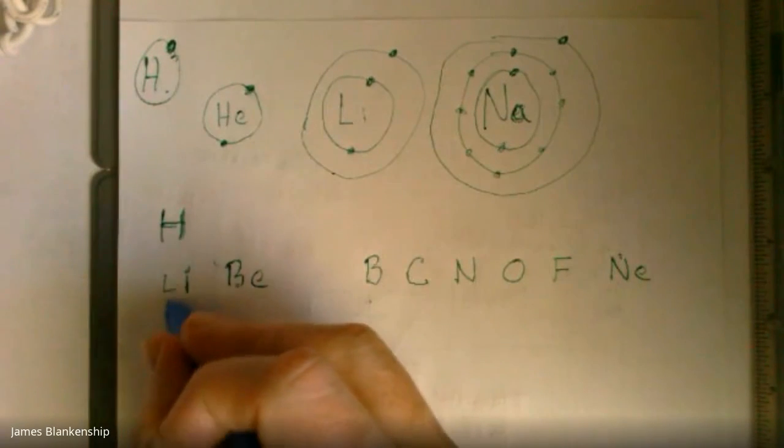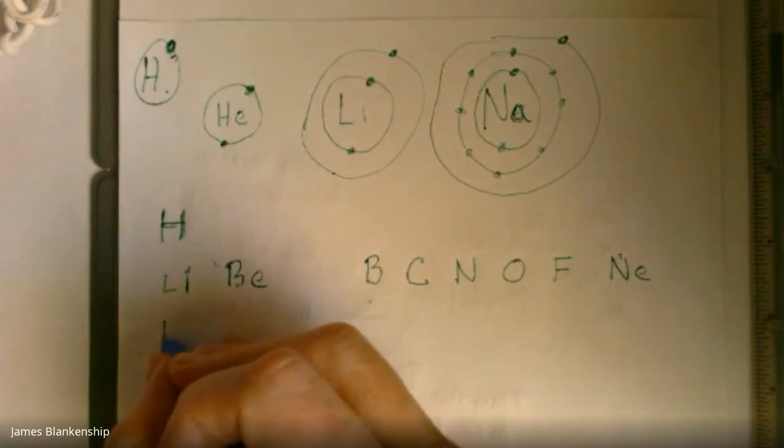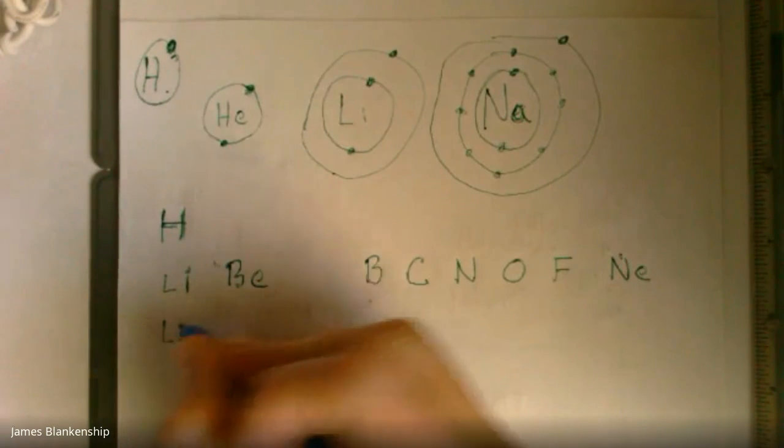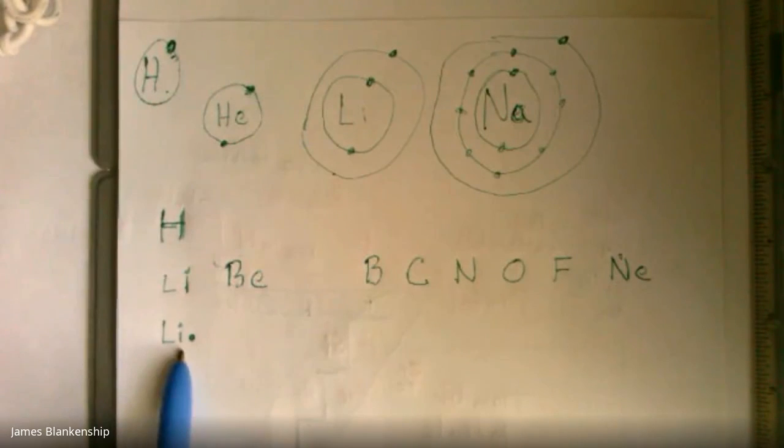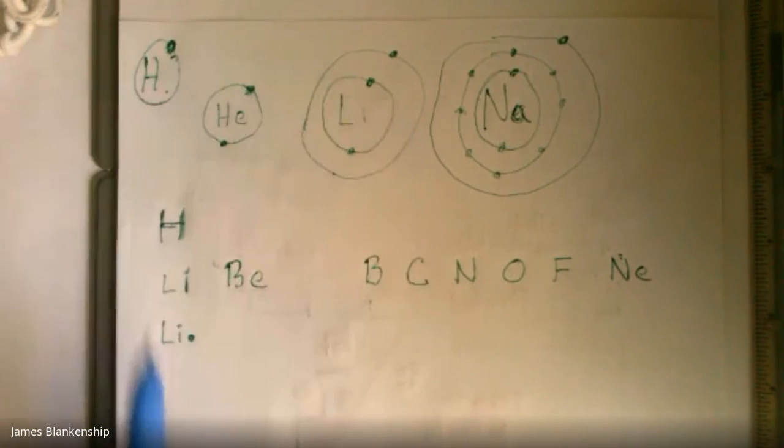And so if I was to draw lithium's dot structure, I would draw lithium, and then I'd have one single dot outside lithium. And that would be my Lewis structure for lithium. We don't worry about the other ones that are inside.